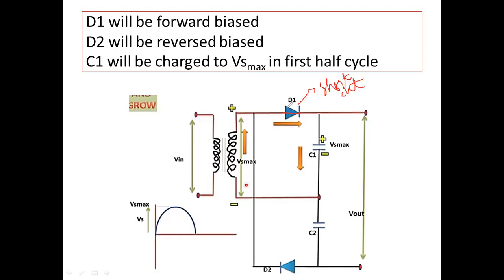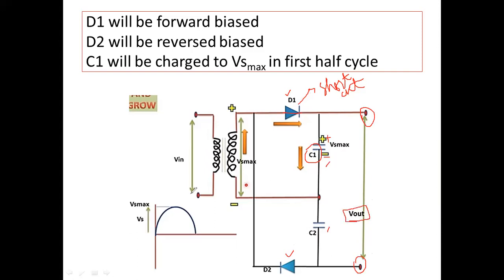When the current moves through the capacitor, the charges will be accumulated, stored on this capacitor C1. You must know that in the full wave bridge rectifier circuit, we must have two diodes and two capacitors. And we will get the output from here. This is the V output.